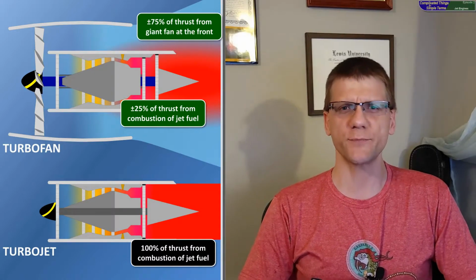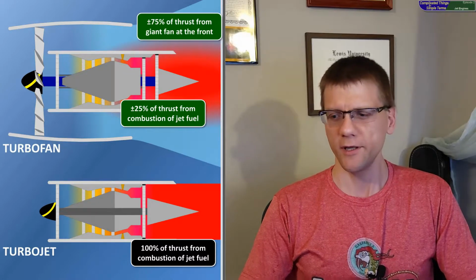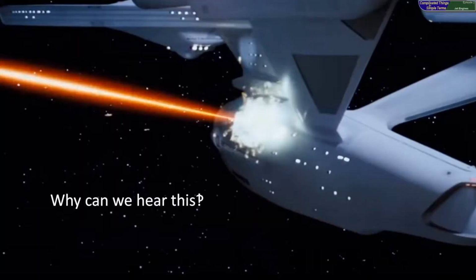There are other advantages beyond efficiency to having this big fan on the front of your jet engine. One of them is that it's very quiet. So as you can imagine, when you take compressed air and mix it with jet fuel and then ignite that mixture, it goes bang very loudly. Jet engines are quite noisy. But sound has to propagate through the air. It can't, for example, travel through the vacuum of space.